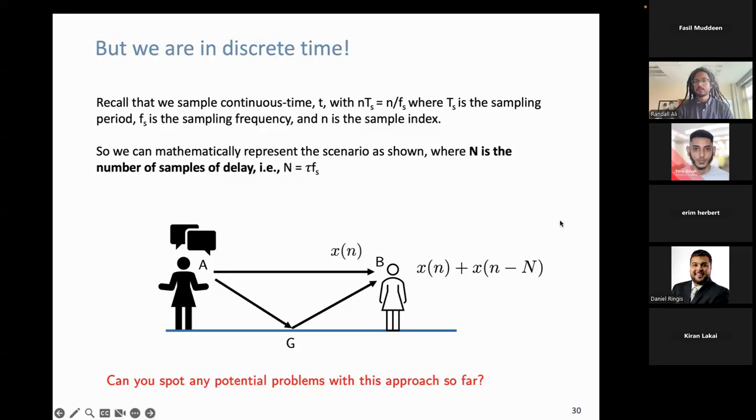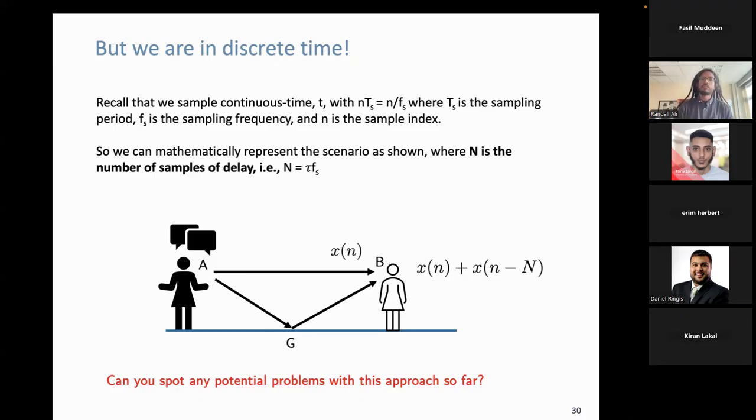I guess they haven't reviewed the lectures on sampling and discrete time. Okay, the point is that N needs to be an integer value, right? N needs to be 1, 2, 3, 4, 5, whatever.